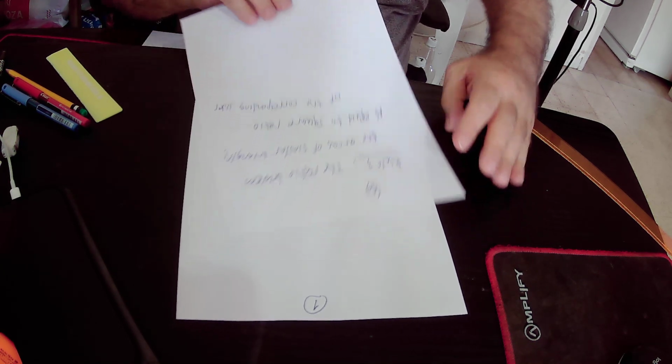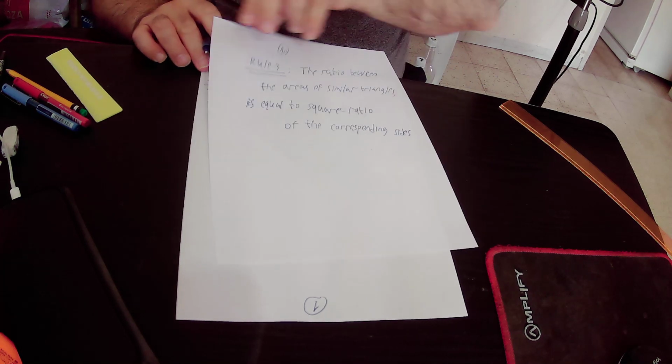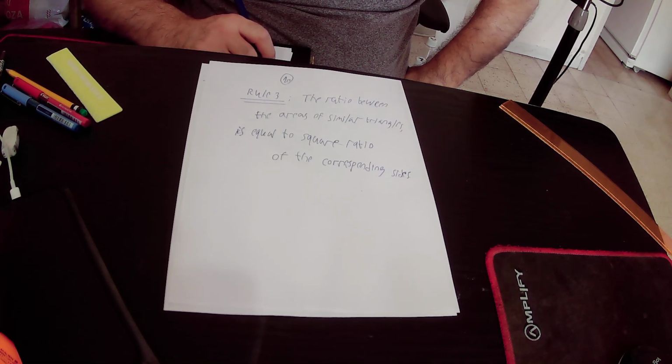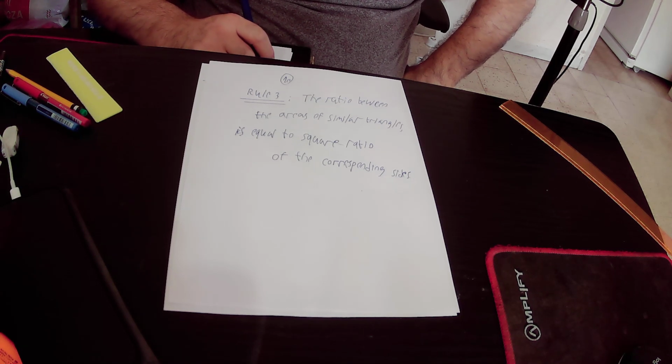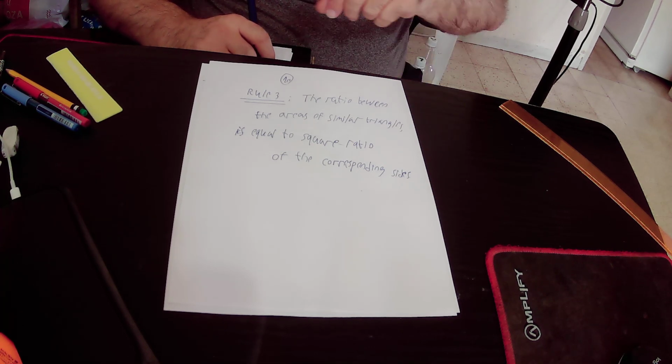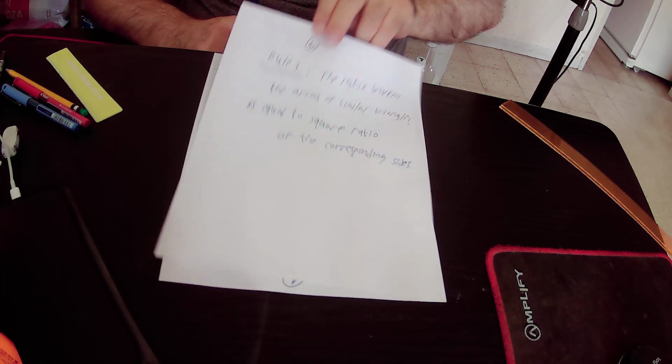So I will read rule number 3 again. Rule number 3 states that the ratio between the areas of similar triangles is equal to the square ratio of the corresponding sides.